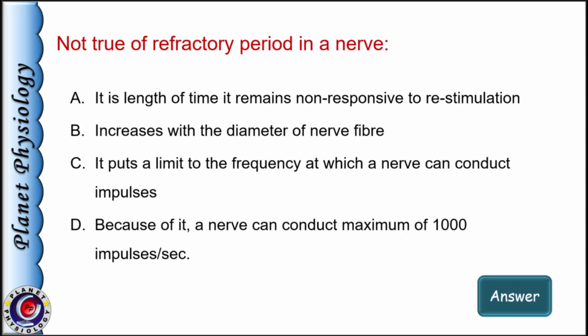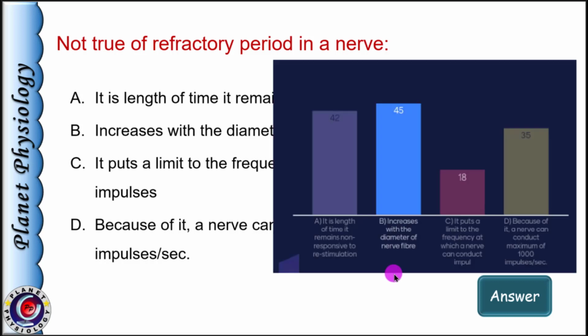B. Increases with the diameter of nerve fiber. C. It puts a limit to the frequency at which a nerve can conduct impulses. And D. Because of it, a nerve can conduct a maximum of 1000 impulses per second. This is how my students have chosen the answers. What do you think? What is your answer?